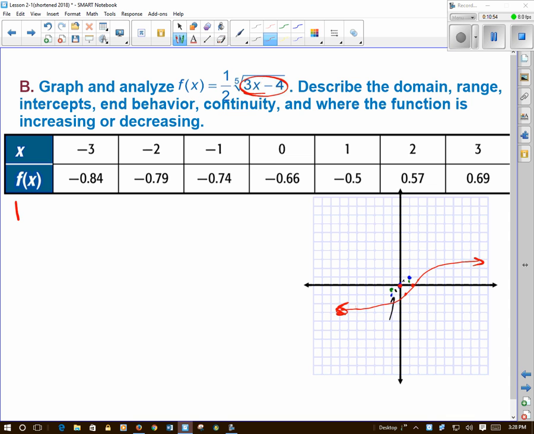So the domain is just negative infinity to infinity, or R. Range is the same. The intercepts. Okay, well, from this, it looks like our x-intercept is 4/3.